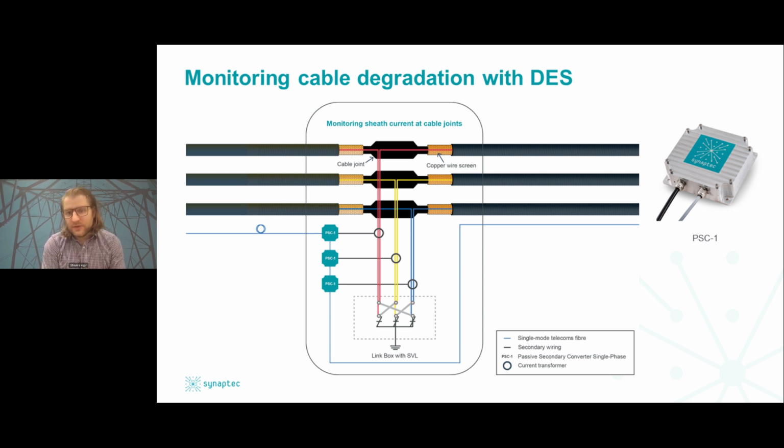So what we can do is we can do this at multiple joints along the length of the cable, and this automatically gives you several immediate benefits. One example is that you can use this measurement approach to detect flooding of the link box, which is a fairly clear, perhaps not failure mode, but something the operator would like to know about.